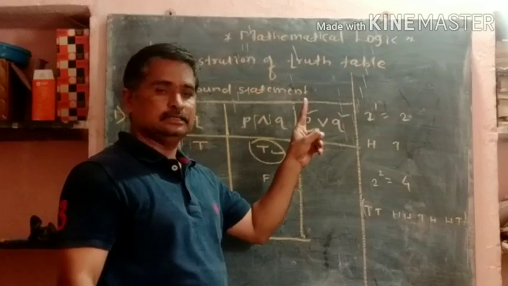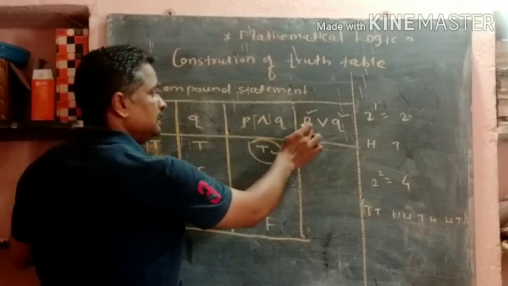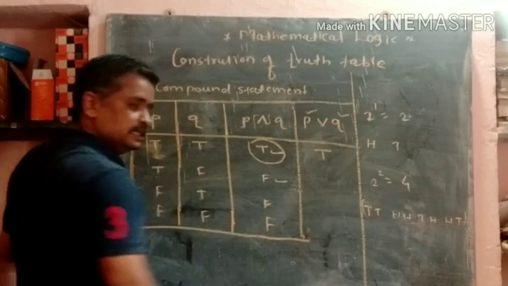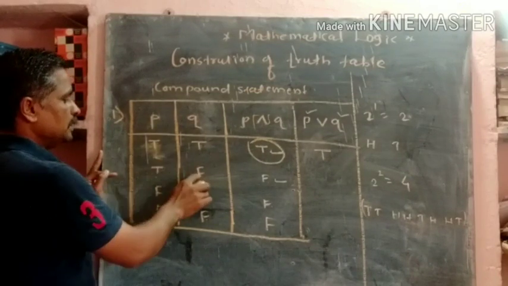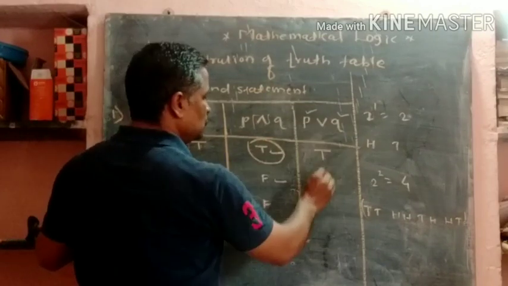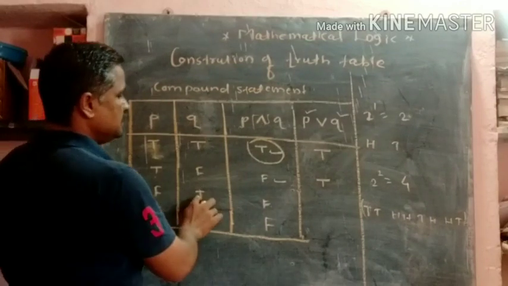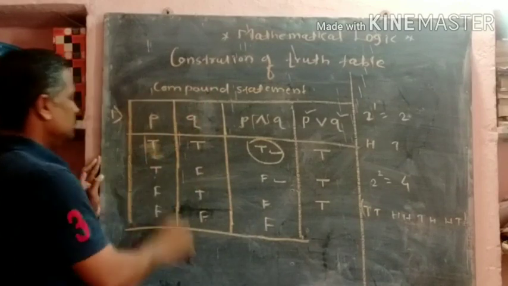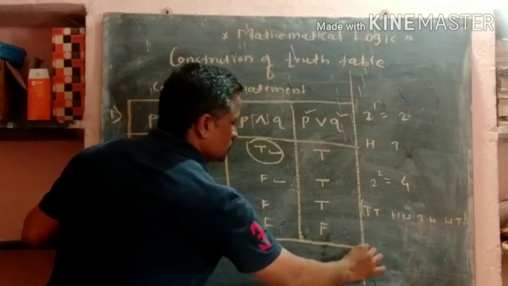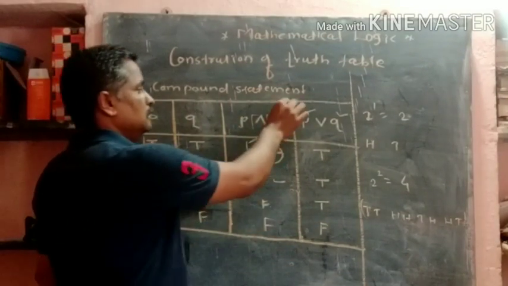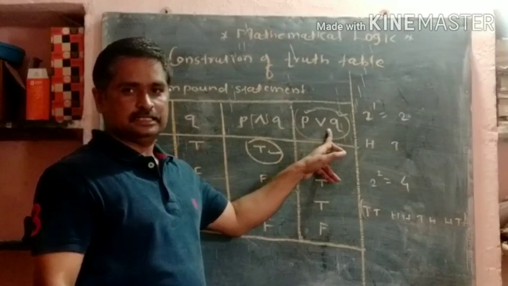For disjunction, consider P as T, Q as T, then P disjunction Q is T. If P is T, Q is F, then it is T. If P is F, Q is T, then it is T. If P is F, Q is F, then it is F. So this is the column for disjunction.